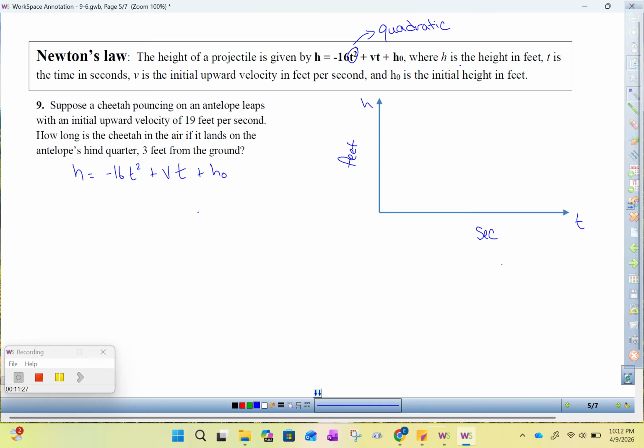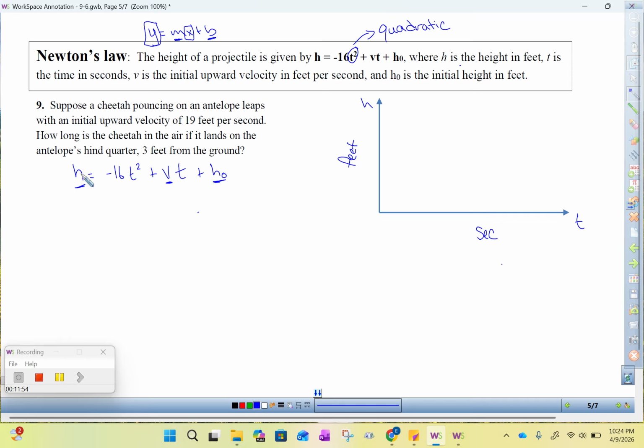If we think of this in relation to what we knew about y equals mx plus b, we have a lot of letters here, just like we have a lot of letters there. But in an equation, some of those letters stand for variables that stay, and others are constants that we fill in. So for this equation, the constants we have to fill in are here, and the t gets to stay.